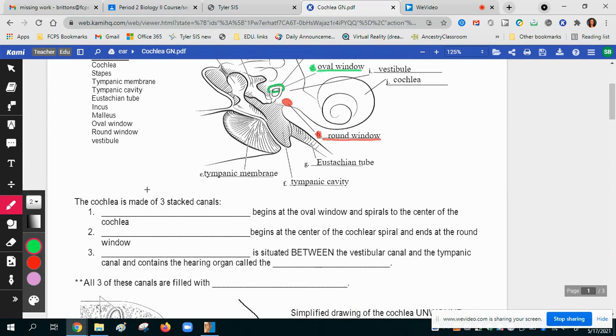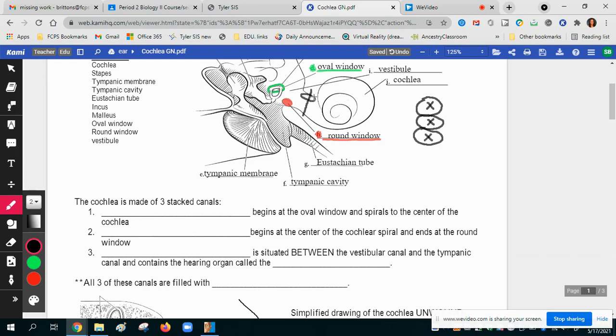So the cochlea is made of three stacked canals. If we were to take a cross-section through the cochlea right about here, what we would see are three canals. This is just a replica stacked on top of each other, where this is an empty space, this is an empty space, and this is an empty space.